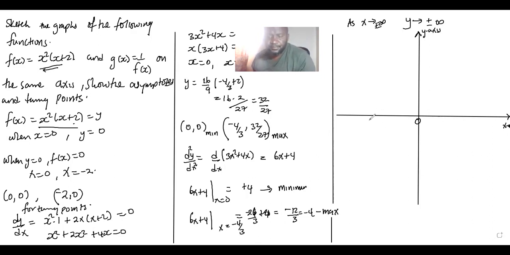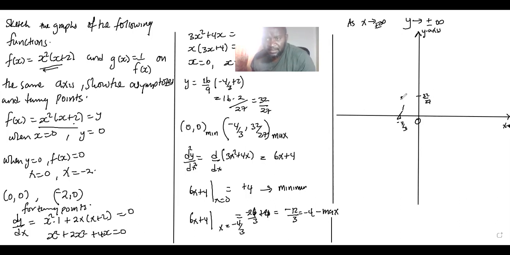So the turning points are what and what? We have negative 4 out of 3. Okay, you are here. And what else? And positive 32 out of 27. Positive 32 out of 27 is some value here.